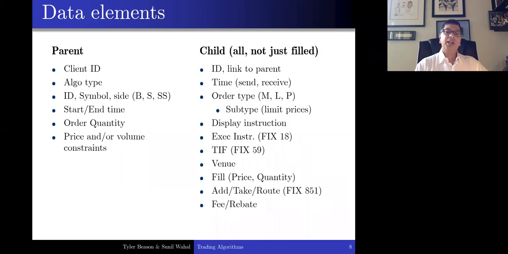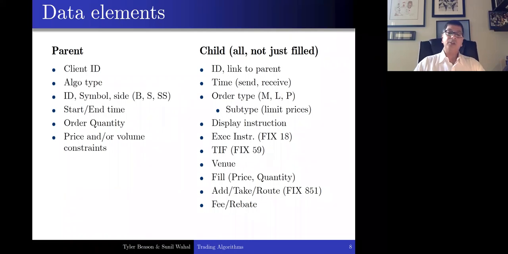As I said, every parent order translates to child orders. So we'll have an ID linking to each parent. We'll have send and receipt times, order types for market, limit and peg orders, including limit prices, display instructions, execution instructions, which is fixed tag 18, and time in force, for example, whether it's an IOC order or not.